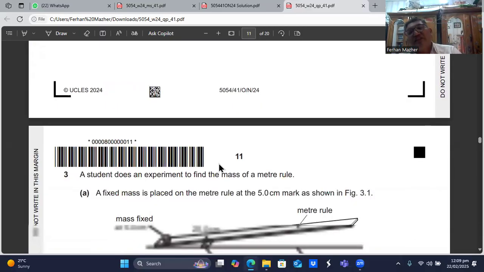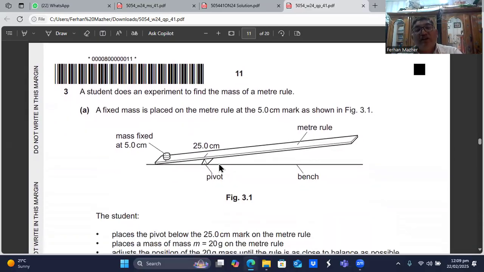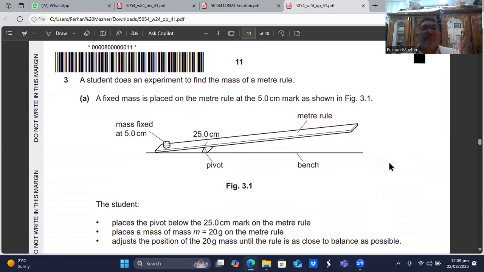The next question is question number 3, coming up on your screen. A student does an experiment to find the mass of a meter rule. A fixed mass is placed on the meter rule at the 5 centimeter mark as shown in figure 3.1. So this is a meter rule which is approximately 100 centimeter long.